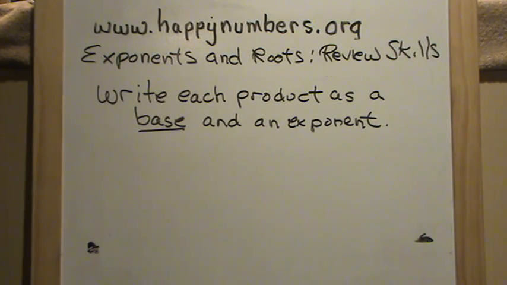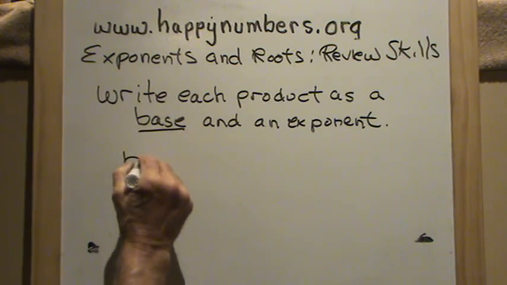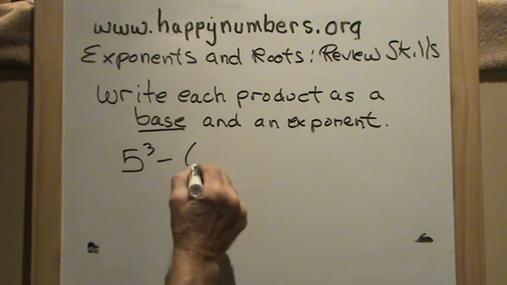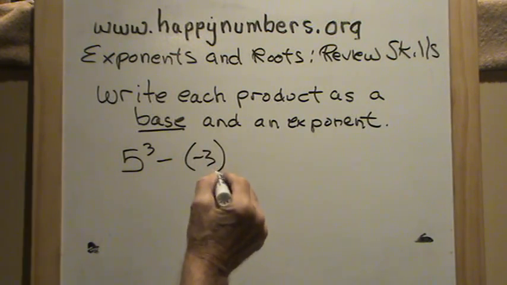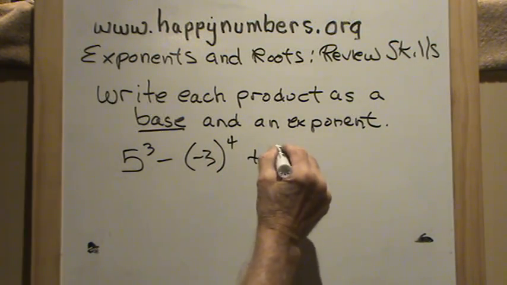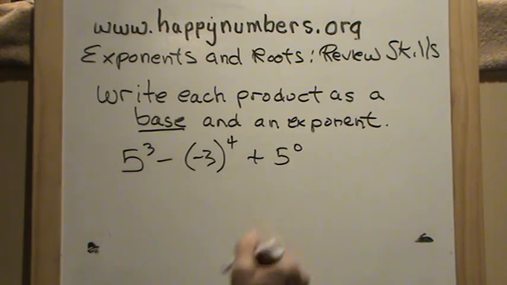Now, let's take a look at a problem like this. 5 to the third minus negative 3 to the fourth power plus 5 to the 0 power. All right, put your DVD or video on pause and work this one, and then turn it back on and we'll see.